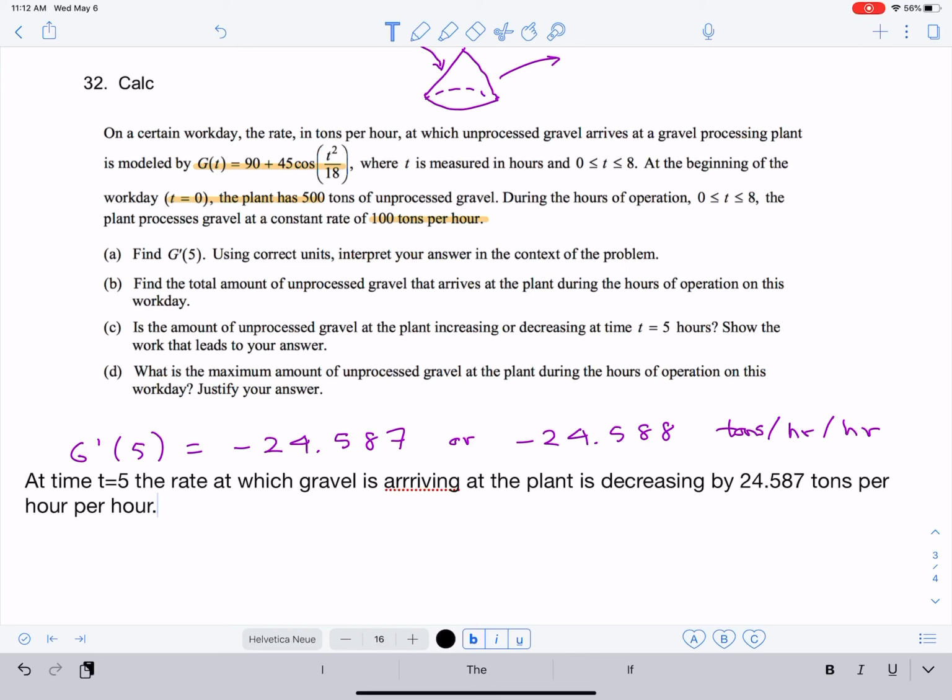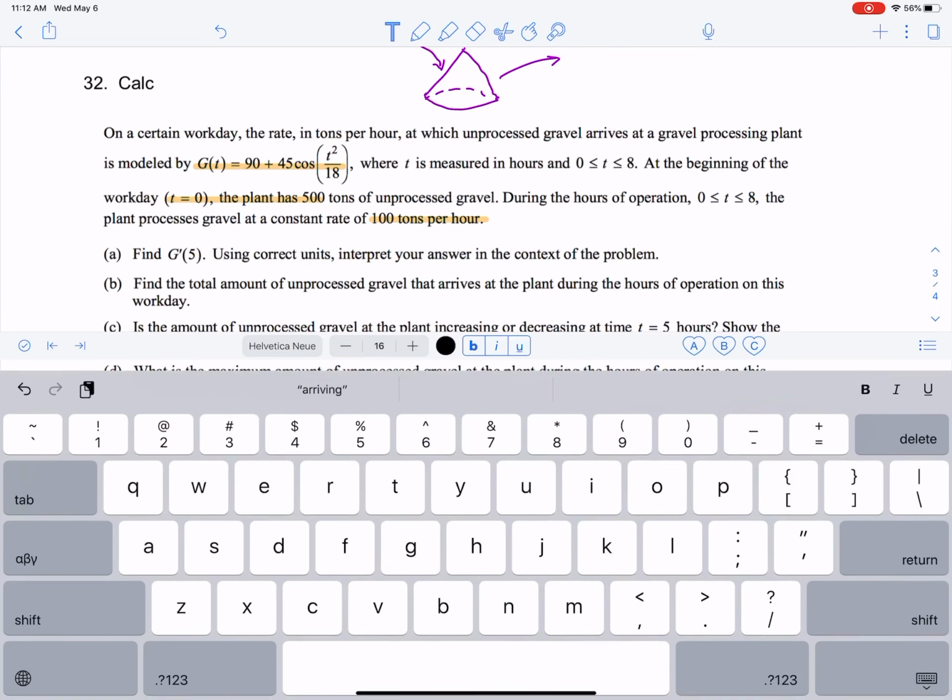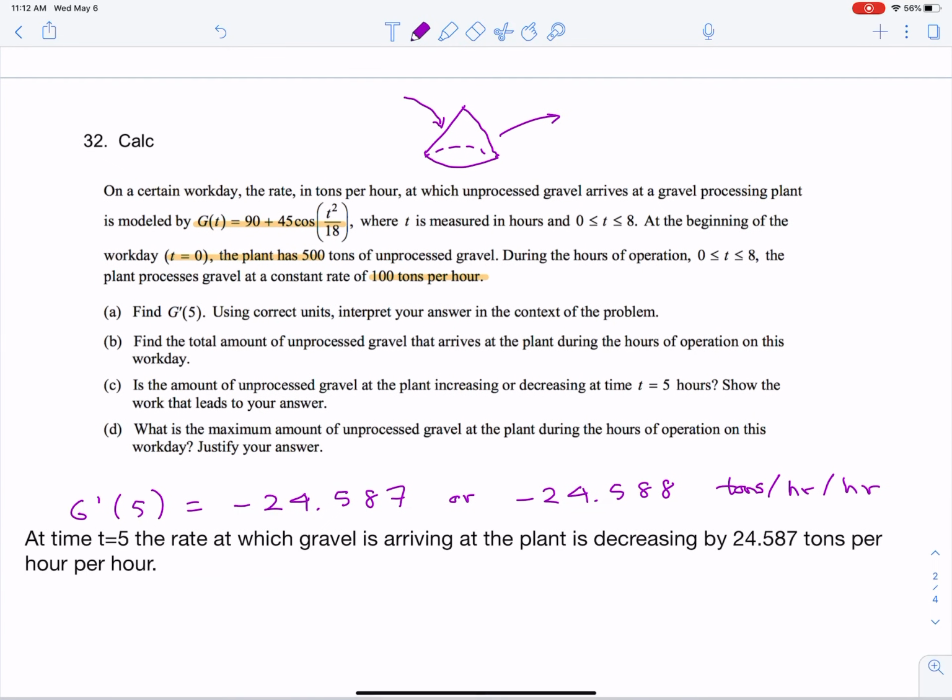Okay, now a couple notes on that, aside from the fact that I spelled arriving incorrectly. I've done a couple things in my explanation. The first thing is I've said that it is decreasing. I have taken care of the negative sign, okay?